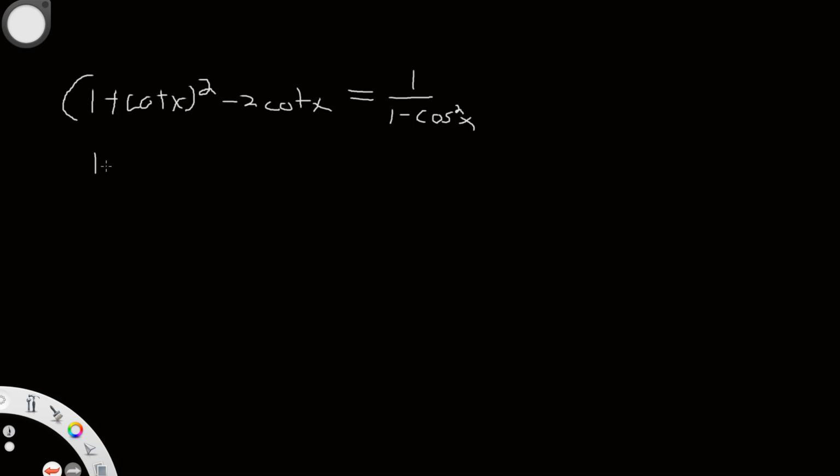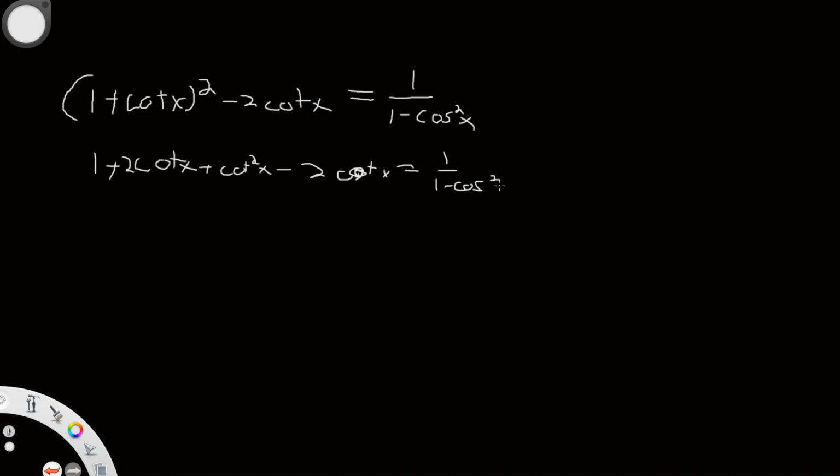That's going to yield 1 minus 2 cotangent x plus cotangent squared x, and then we bring down the minus 2 cotangent x, and on the other side we just do 1 over 1 minus cosine squared x.